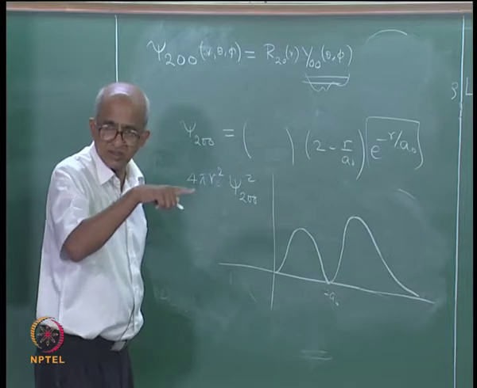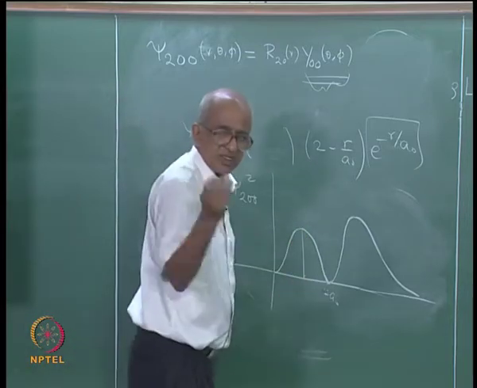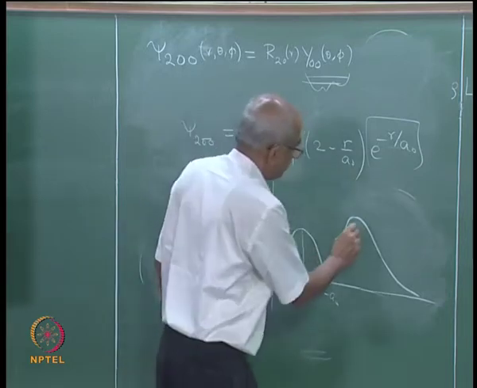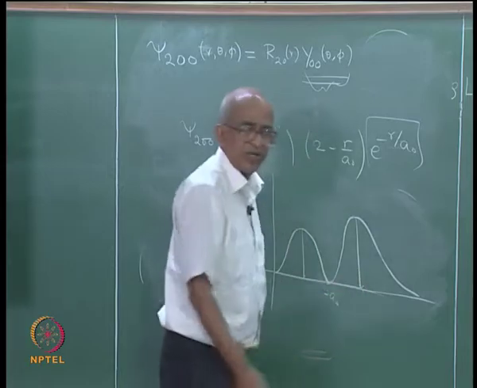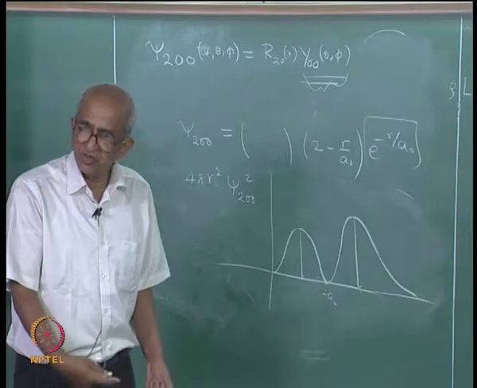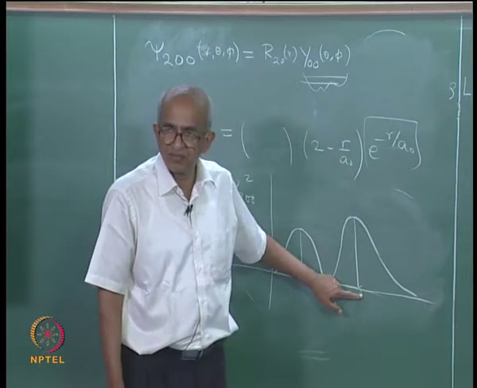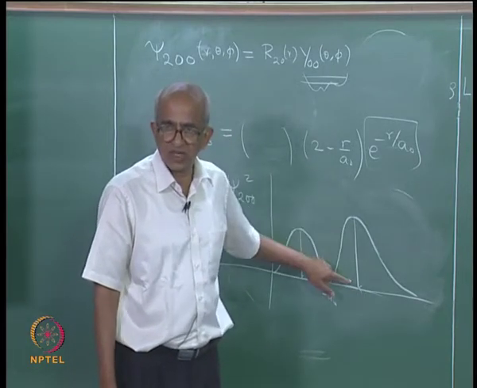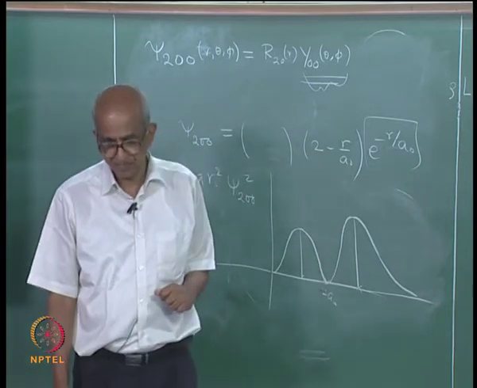You will get two values of r, one will be this one, I do not know how much it is, you can easily do it, it is not a difficult thing. You can find this value as well as that value and say, okay, there are two most probable distances, one is this one and the other is that. And among the two, which is more probable, the answer is the second one. Right, that is what actually happens. This is the one that is the most probable distance.